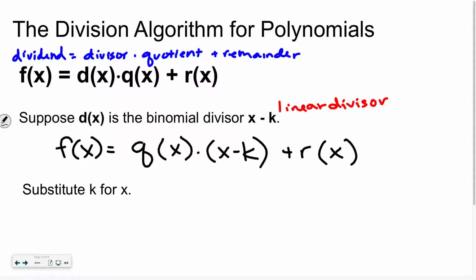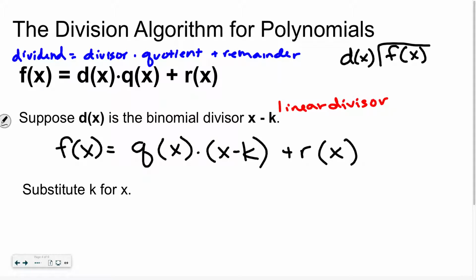You're taking your dividend and you're dividing it by the divisor. So when we think about setting up that division problem, that's like f of x divided by d of x. Do you agree with that?